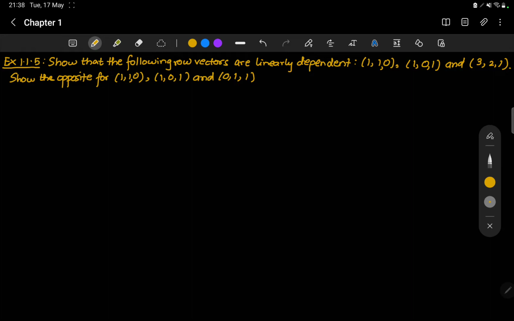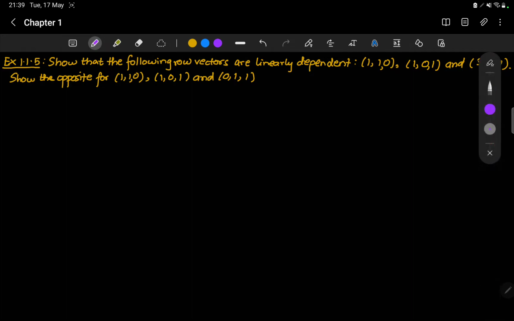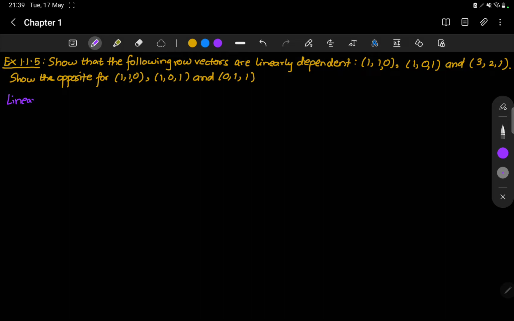So the topic of linear dependence and independence we had looked at in the last video. We will just recap it a little bit over here. For linear independence, we had the following condition.